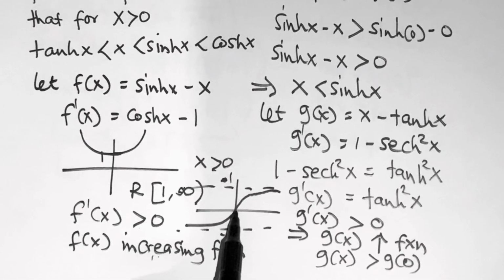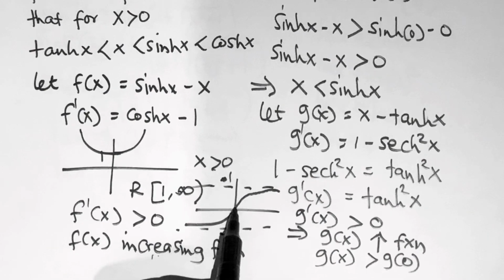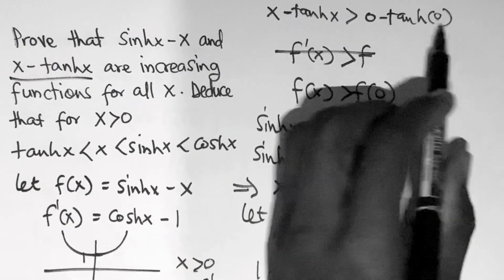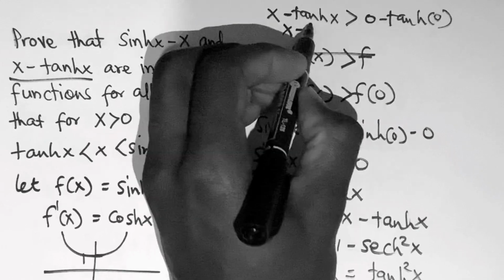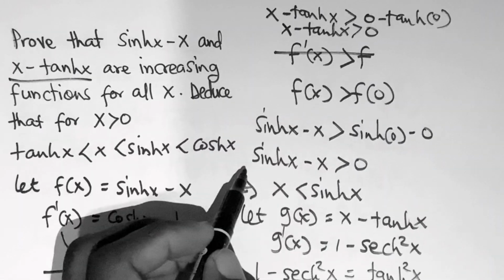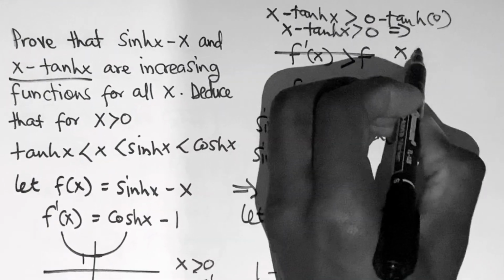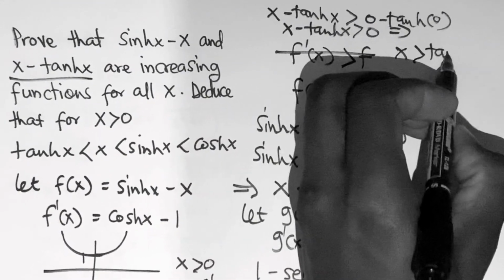Now, if we check this graph, at x equals 0, tan 0 is 0. Therefore, all of this will tend to 0. So x minus hyperbolic tan x is greater than 0. This implies that x is greater than hyperbolic tan x.